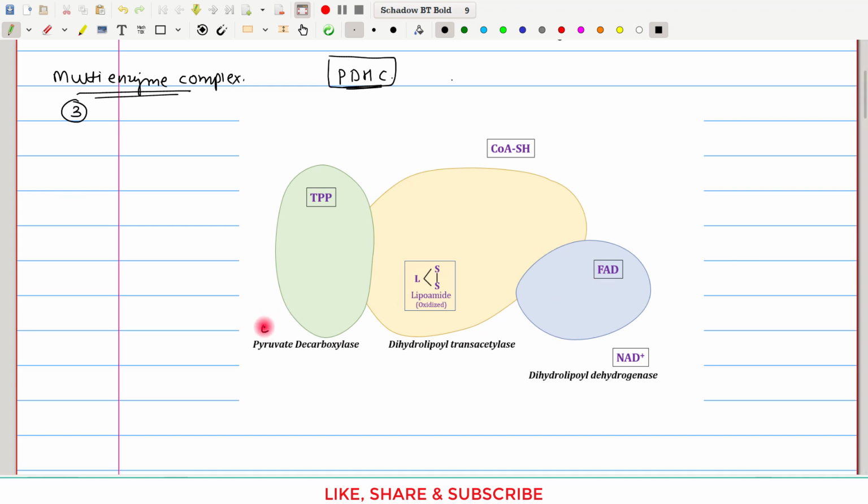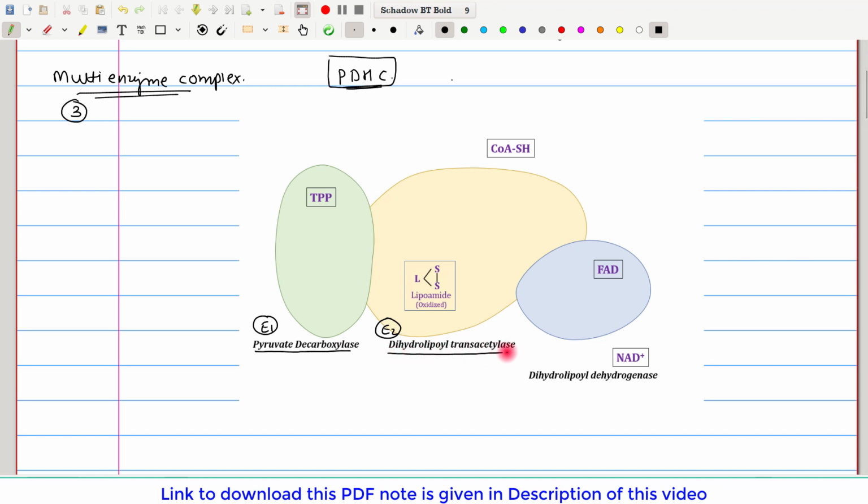The first one, E1, is the pyruvate decarboxylase, which is represented by this balloon. This middle balloon represents the second enzyme activity, E2, which is dihydrolipoyl transacetylase. And this third small balloon represents the third enzyme activity, E3, which is dihydrolipoyl dehydrogenase.